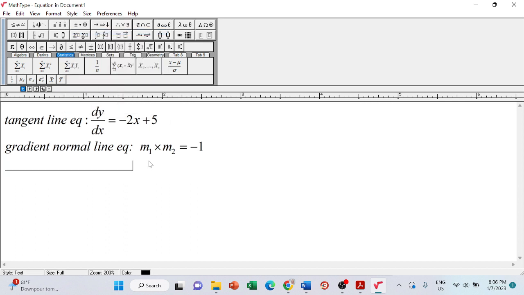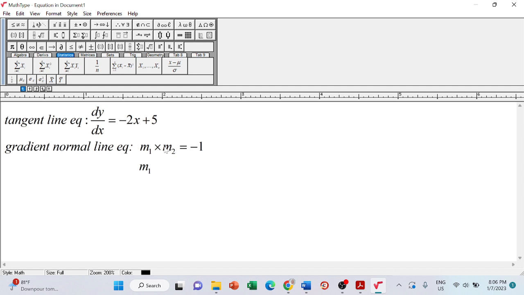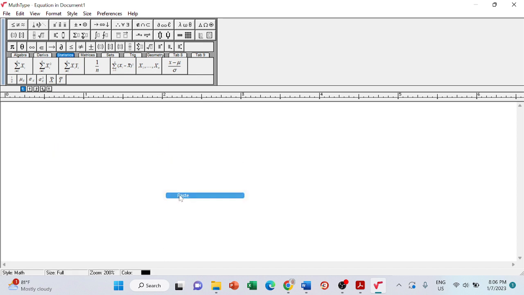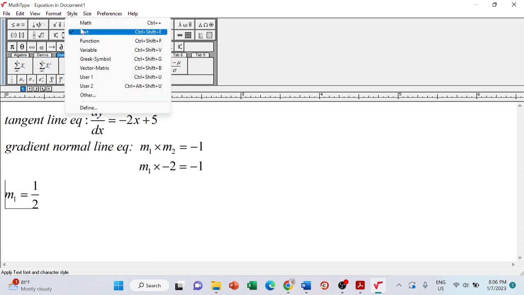So how do we find it? Just now I said the gradient of the tangent line is negative 2. So let's put that gradient, negative 2, as M2. So we have M1 multiplied by negative 2 equal to negative 1. That means our gradient M1 is equal to 1/2, because you can change it back, modify it, transform it to the other side.